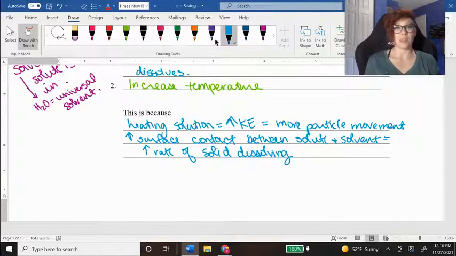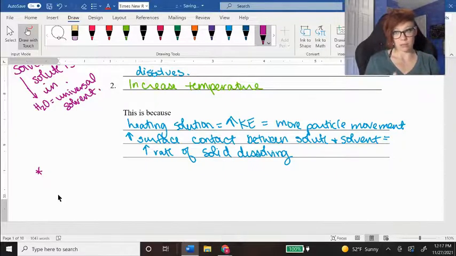Now, a really important thing to remember: anytime that you want to get something to dissolve in water or something else, dissolving a solute, you must have intermolecular forces between the solute and the solvent.